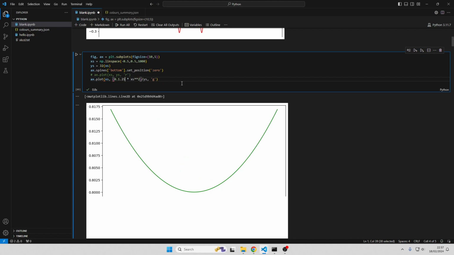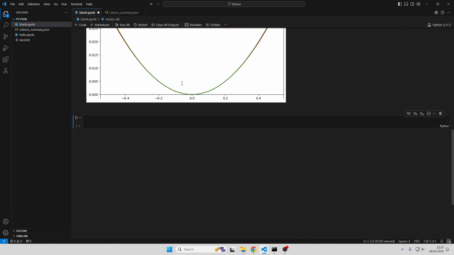So that suggests that if we made it 0.125 here instead, then the ratio would be close to 1. So let's go back to here. We'll plot the y, and we'll also plot 0.125 times x squared.